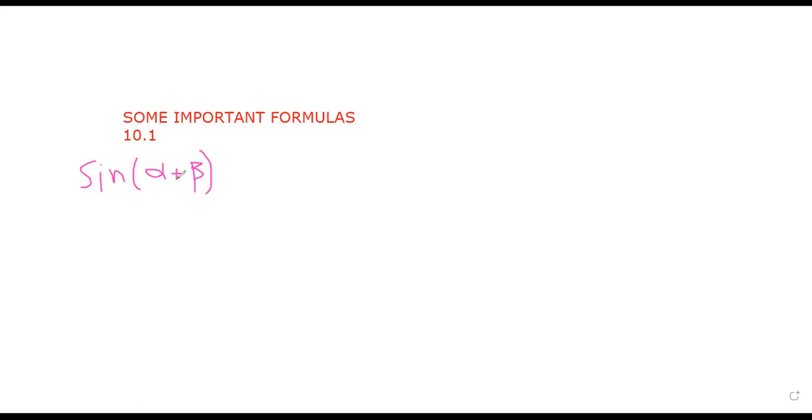So if I write sine alpha plus beta, this will be equal to sine of alpha cos of beta plus cos of alpha and sine of beta. This is the sine alpha plus beta formula.